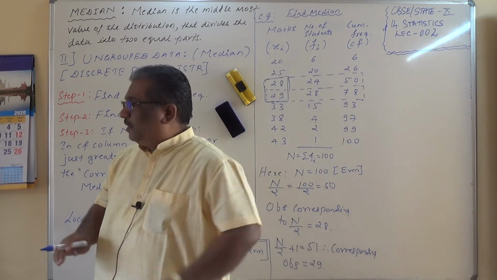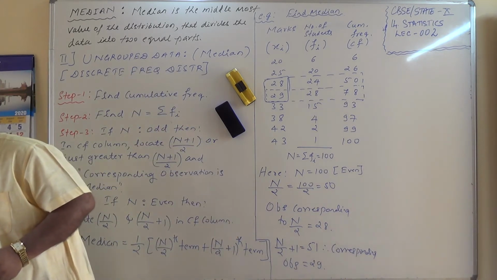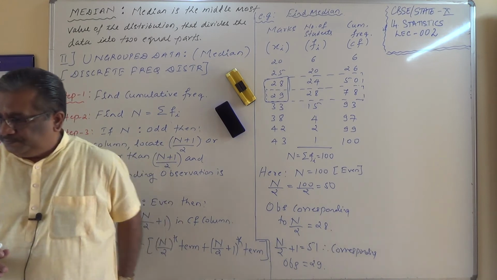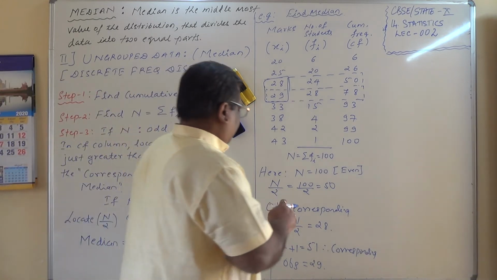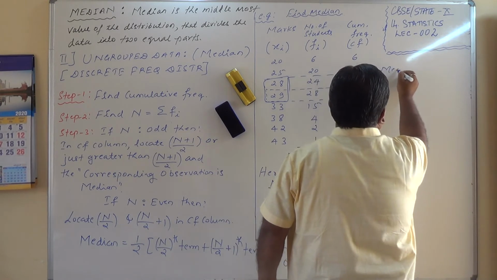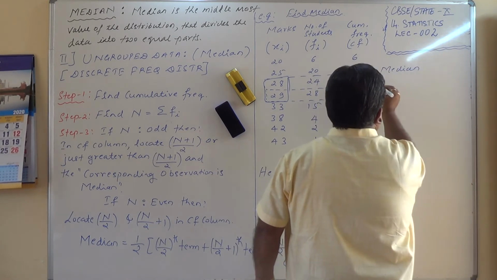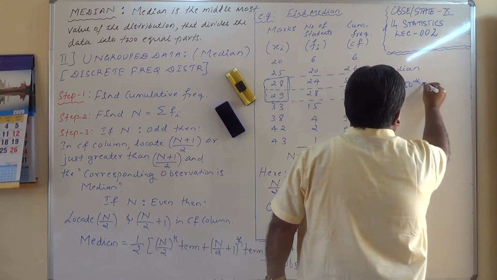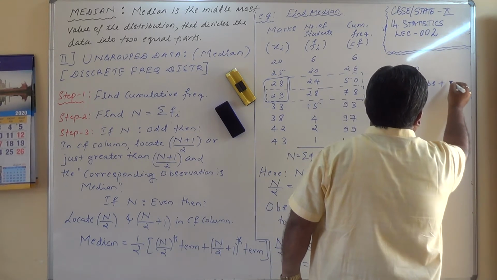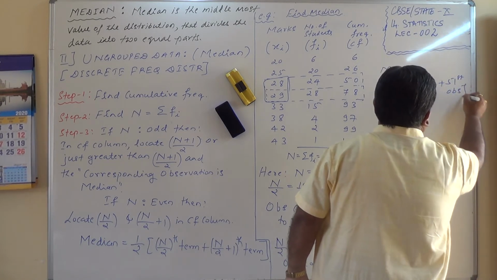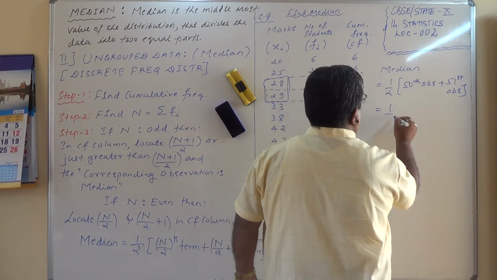Therefore the median is equal to half into bracket, 50th observation plus 51st observation, which is equal to half.